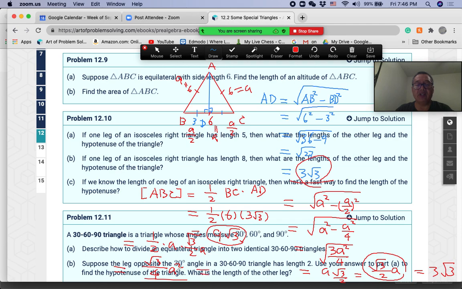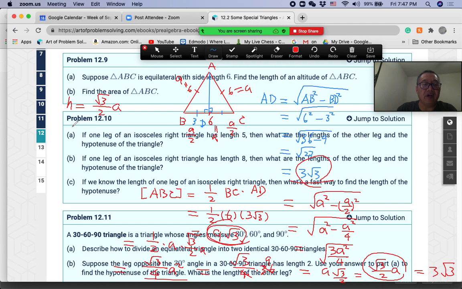Here A is 6, so A squared will be 36. So root 3 over 4 times 36 cancels out, and this will be 9 times root 3. See, exactly the same as what we got before. So from this problem, we get that if each side of this equilateral triangle is A, then the altitude, usually represented by H, that means height, equals root 3 over 2 times the length of the side.